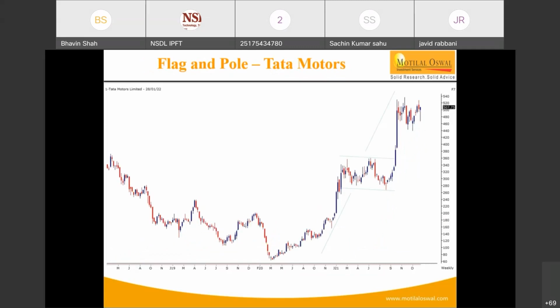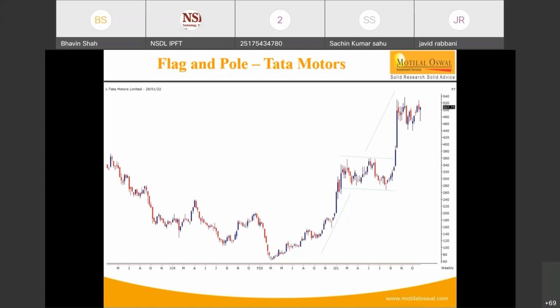Then for a period of say January to September, October, the stock was actually trading in a range and forming a flag sort of shape in a consolidative phase. So the range of this flag was say 360 on the higher side and on the lower side it's 280 to 260. It was consolidating and then eventually it gave a breakout around 350 and then headed higher.